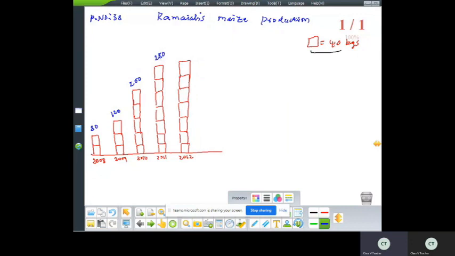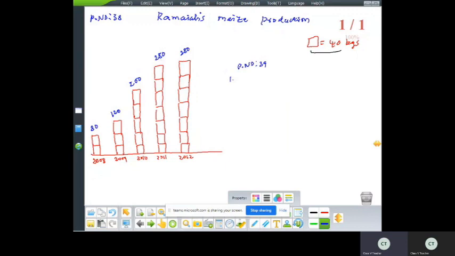In 2012, there are 7 boxes, 7 40s, 280. Yes, depending on this chart, we write 3 conclusions about Ramaya's maize production. That is page number 39.